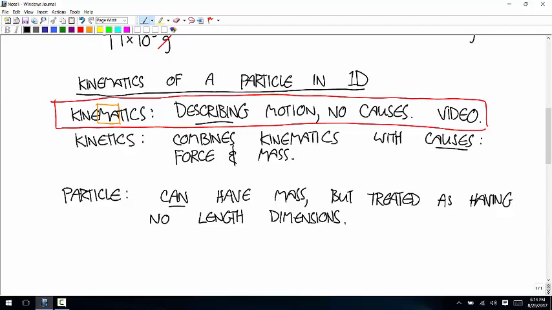And therefore, you can't deal with orientations if you're dealing with something as a particle. So there's no orientation. There's only the location of that little thing.